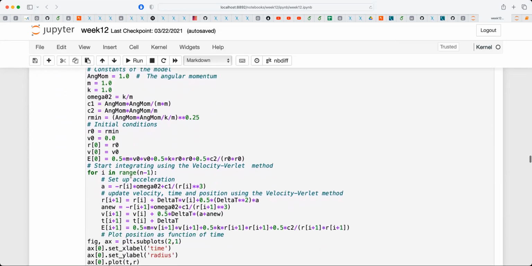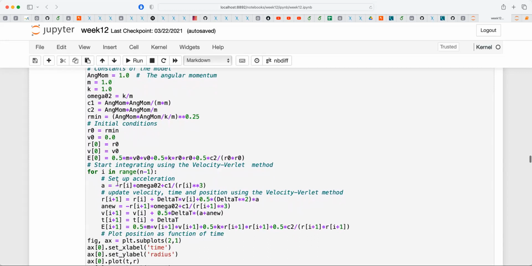But now we have to be a little bit careful, because the acceleration now contains this centrifugal barrier term, this L squared term, divided by the radius cubed. So when you made the transformation, you have now an effective force which contains this term from the kinetic energy. And you need to plug that into the expression for the acceleration.